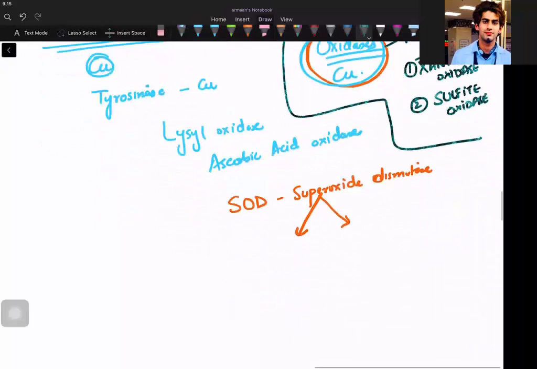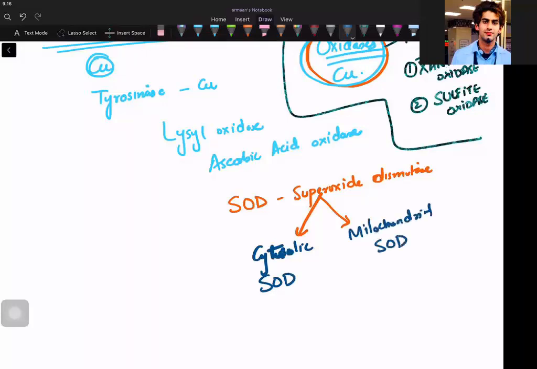Next concept is that we have superoxide dismutase. We have cytosolic superoxide dismutase and we have mitochondrial superoxide dismutase. Cytosolic superoxide dismutase will use Cu.